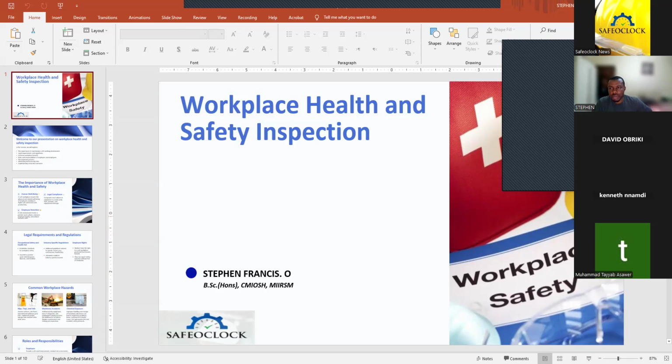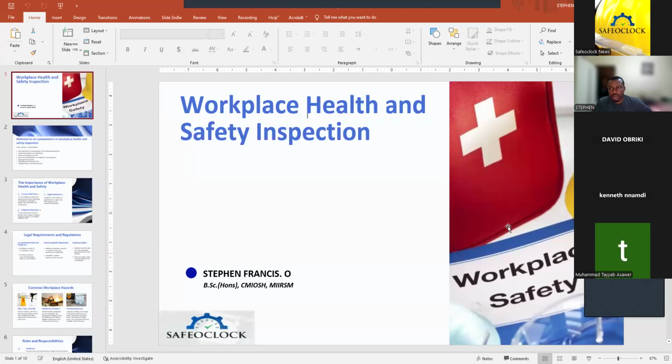So for every activity and every inspection we are going to do, we must ensure compliance with ISO standards. The ISO framework is quite important in line with the inspection procedures and follow up as well.